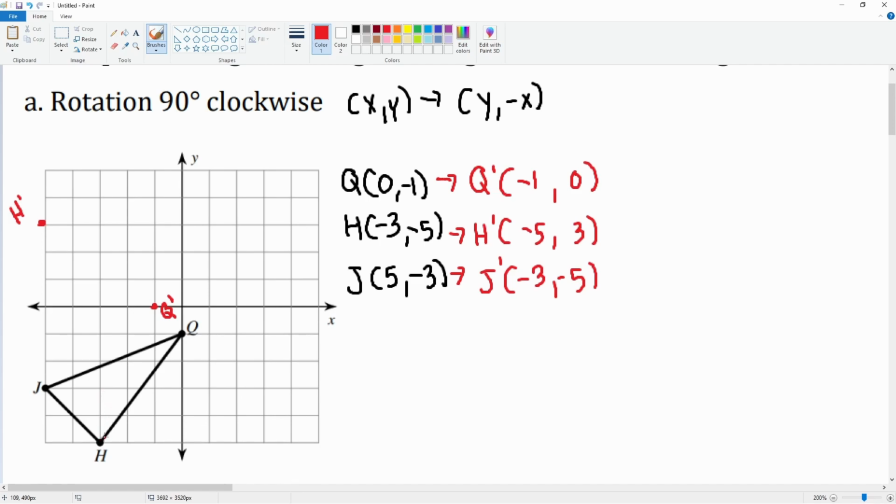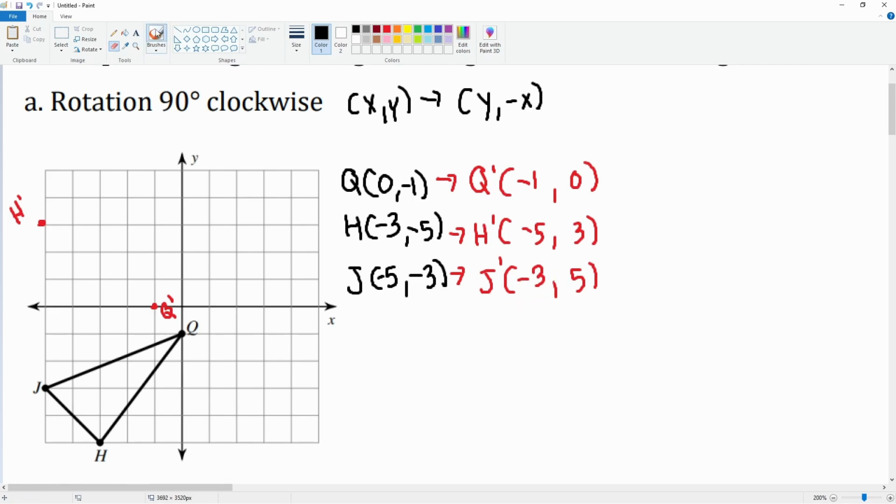That looks wrong. Oh, I wrote J wrong. It's -5 comma 3.